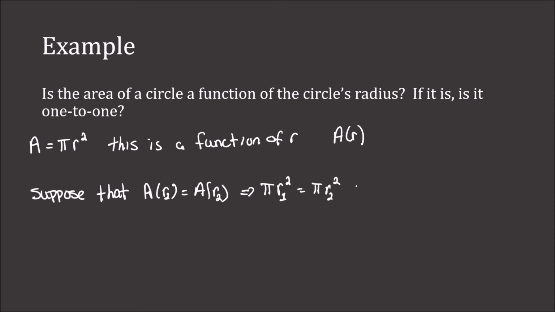Well, there's a pi on each side, so we can divide by it. This would mean that r sub 1 squared is equal to r sub 2 squared. Now, if we take the square root of both sides, we'll wind up with the absolute value of r sub 1 is equal to the absolute value of r sub 2.